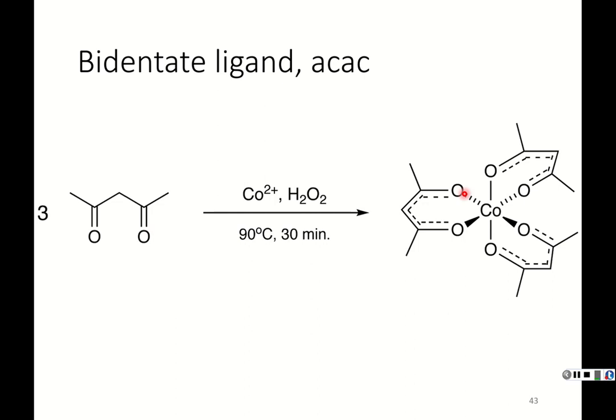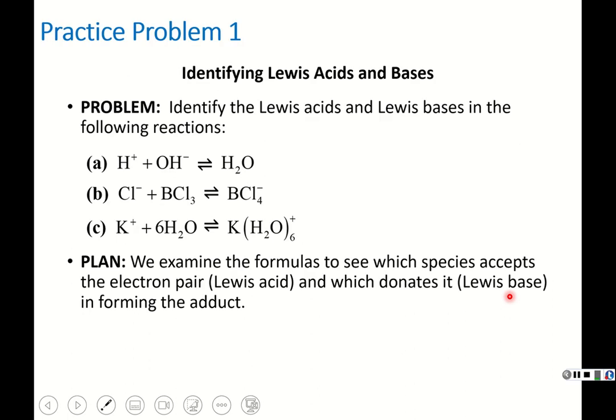Those oxygens have lone pairs that can coordinate around that center cobalt metal and form these adducts with it. So in this reaction, your cobalt is your Lewis acid, and the ACAC molecules are your Lewis base. We'll see lots of this in the lectures to come, dealing with coordination chemistry and metals.